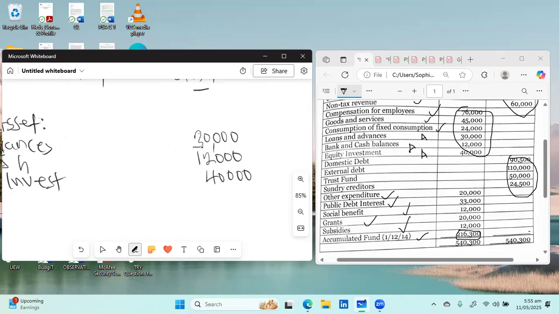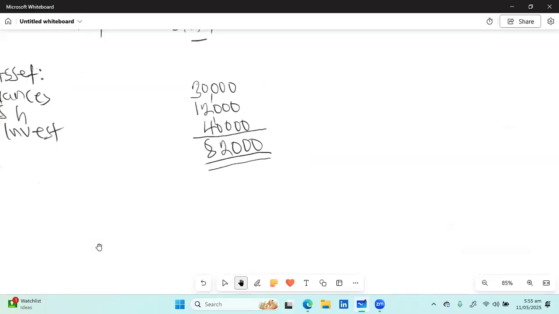So what will be the total? This and this is 42. Then 82,000. Okay. It means that is all our assets for now, per the question.